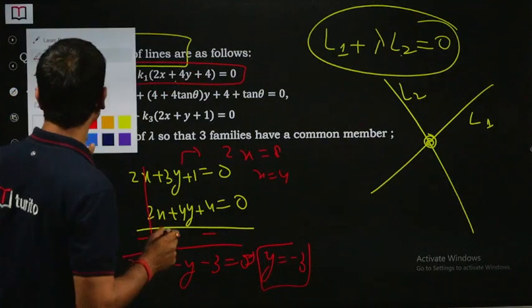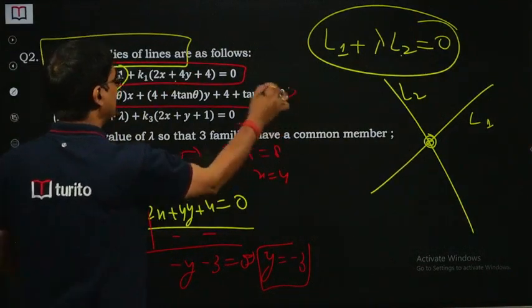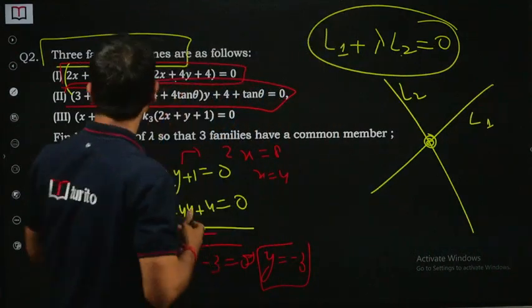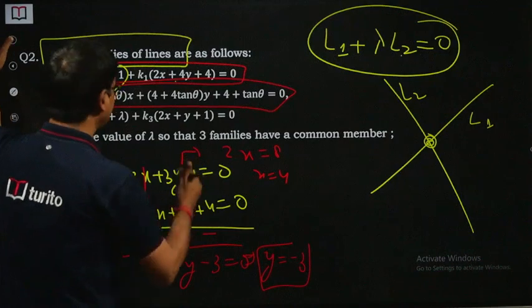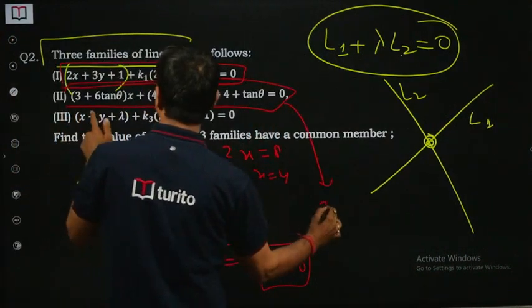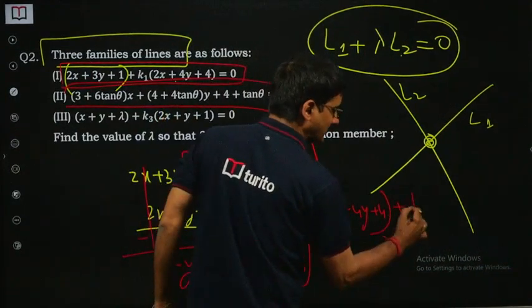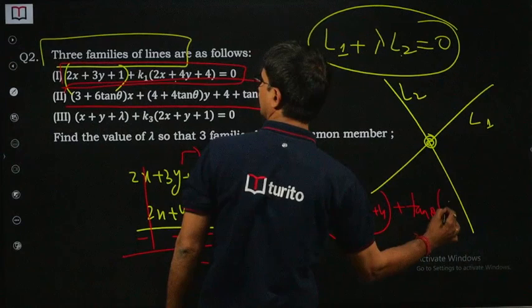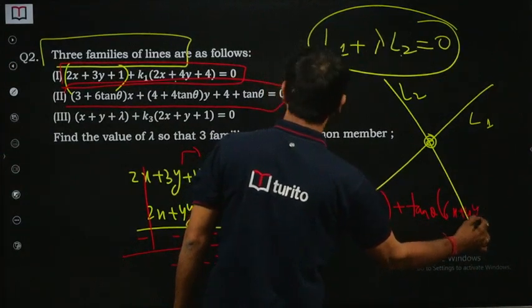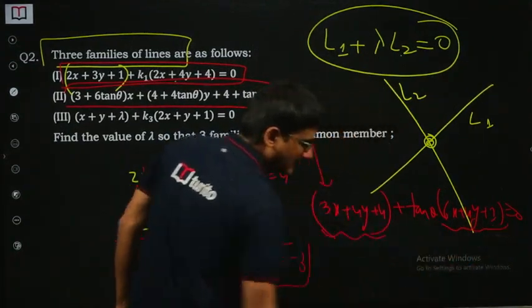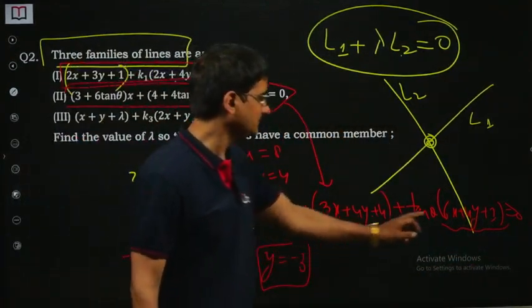Now moving to the next one. Here the parameter is tan theta, the unknown constant is tan theta. So let's collect the terms likewise: 3x plus 4y plus 4, and instead of lambda you have tan theta, then 6x plus 4y plus 1 equal to 0. Again, this represents all possible lines that pass through the point of intersection of these two lines.